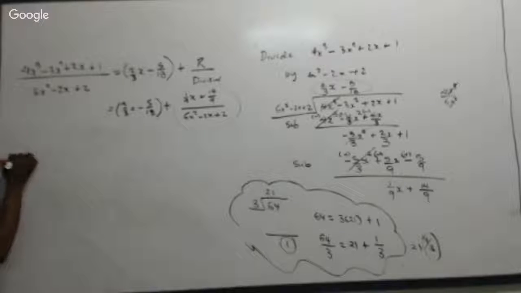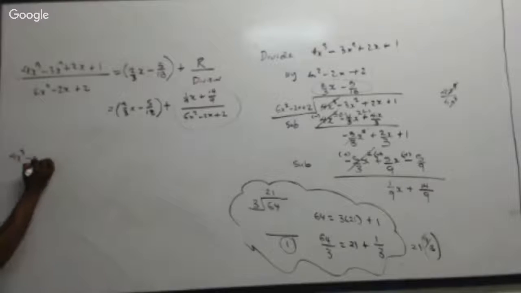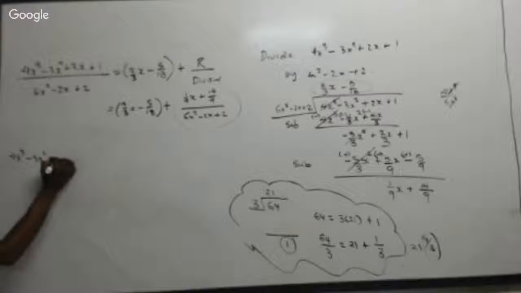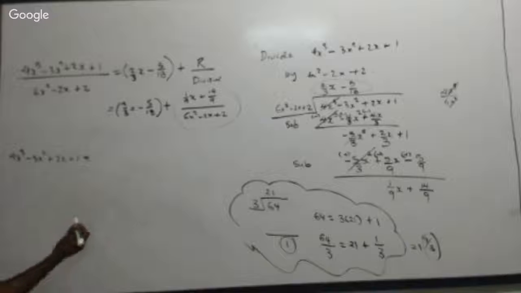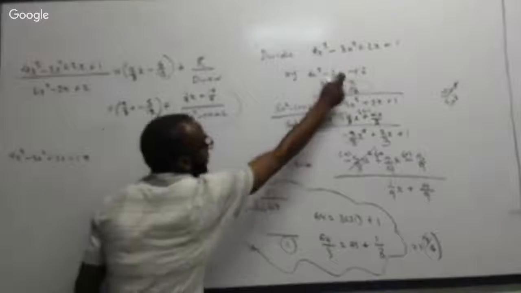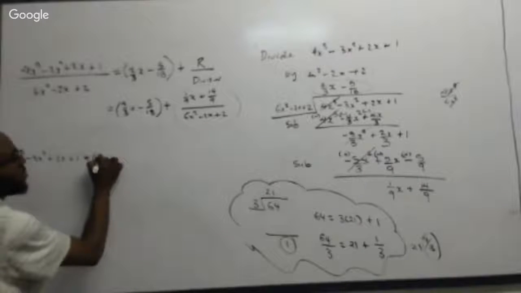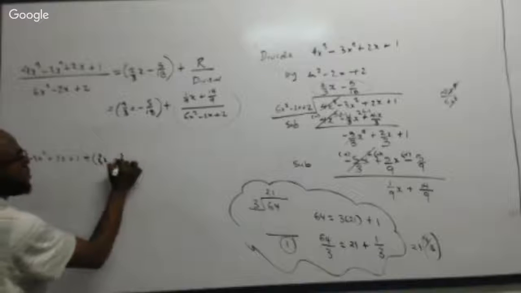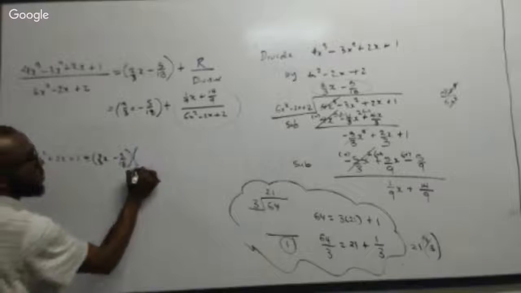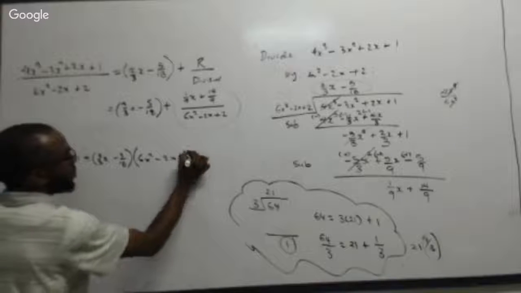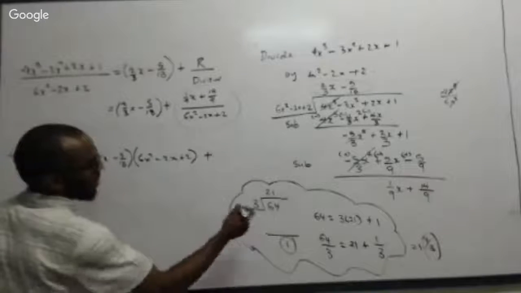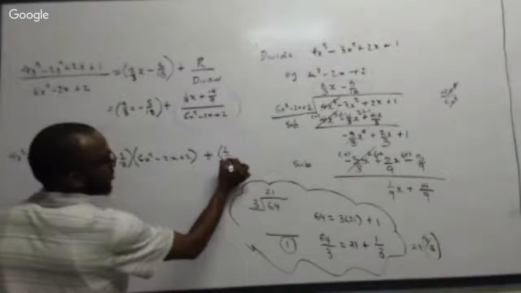The other way I can write it is 4x cubed minus 3x squared plus 2x plus 1 is equal to this times this times 6x squared minus 2x plus 2, but I need to add back my remainder.